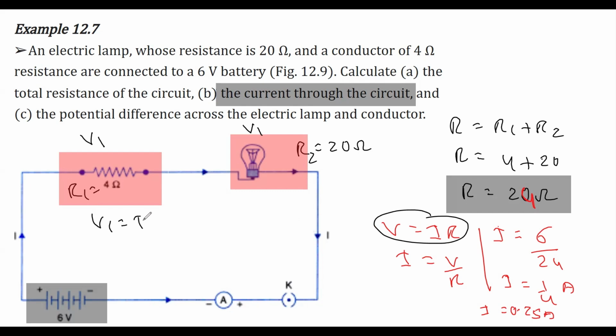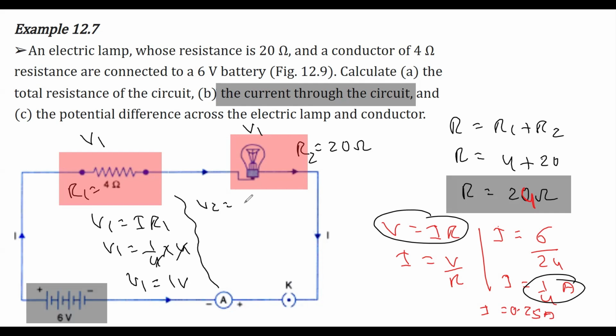So V1 is equal to IR1 and not I1 R1 because I remains the same in series. So V1 is equal to I, where I is 1 over 4, times R1. And how much is R1? R1 is 4. So V1 comes out to be 1 volt.